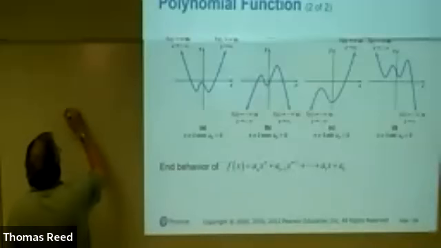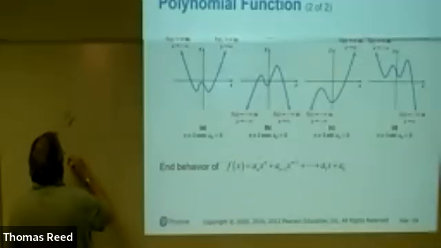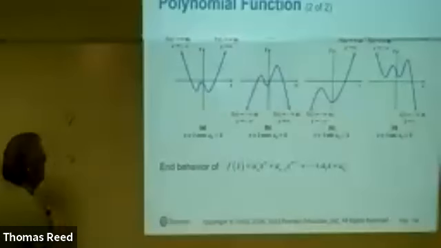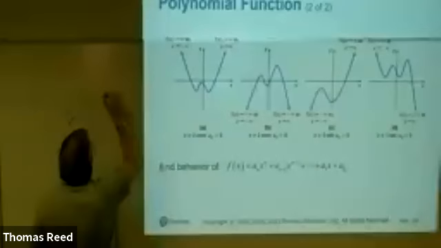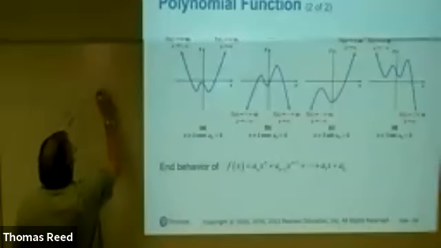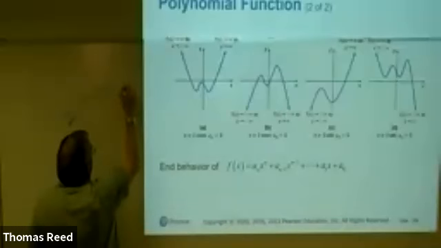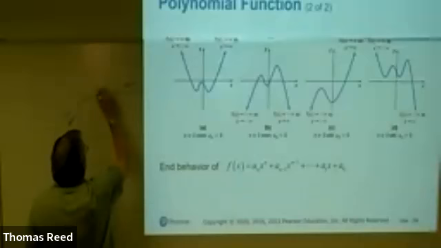So if n is even and n is odd, and then the 2 columns: is a greater than 0 or is a less than 0, a sub n.